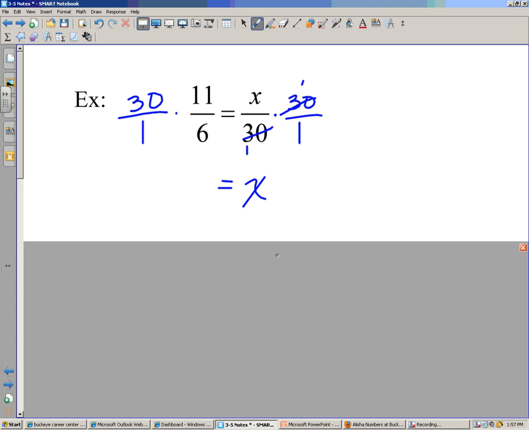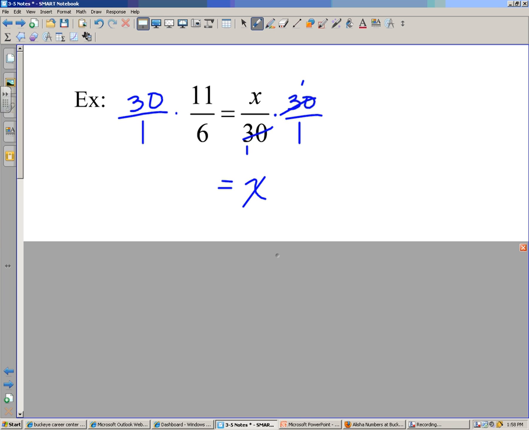Now, can I cross-reduce here? Yes, I can. I can cross-reduce 30 and 6. They're both divisible by, what's 6 divided by 5? What's 6 divided by 5? Exactly. What are both of these divisible by? 6. Don't just shout out answers. Think and look.